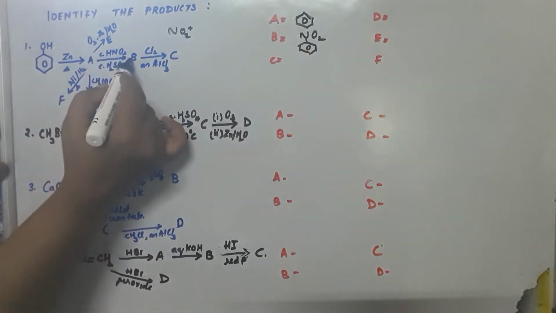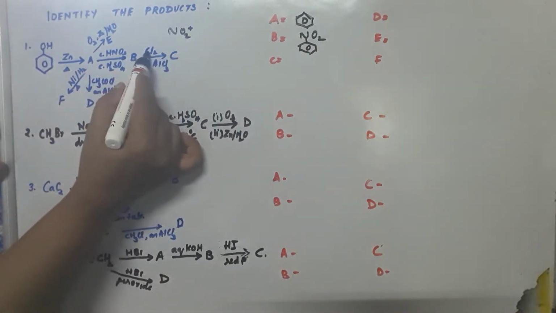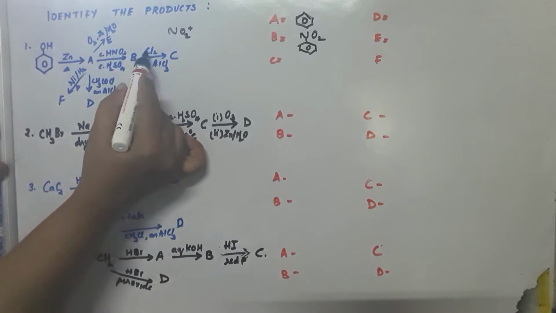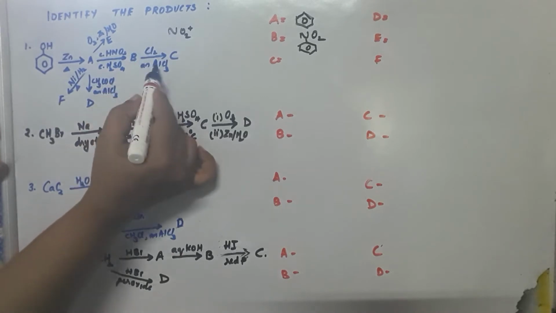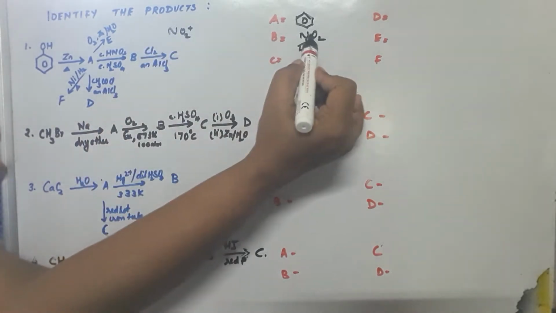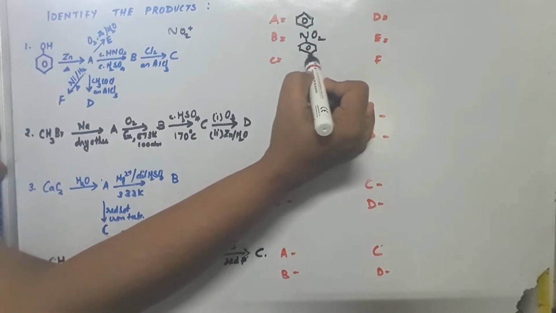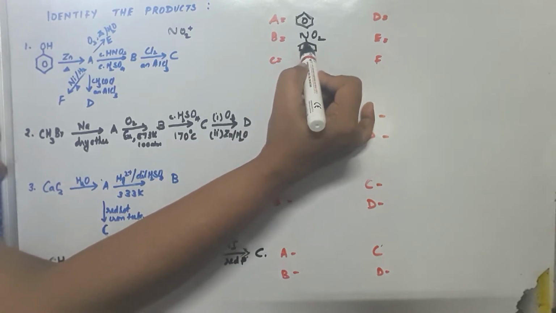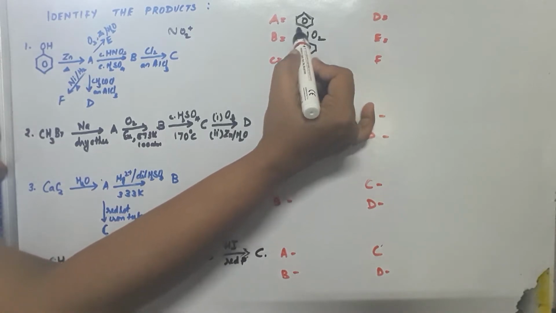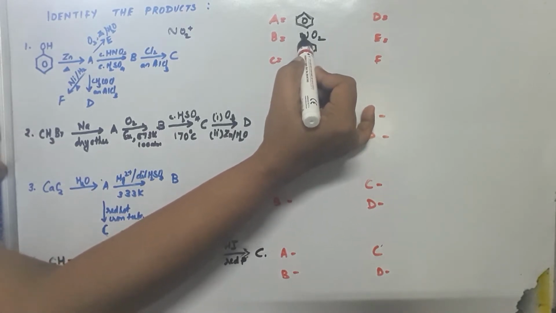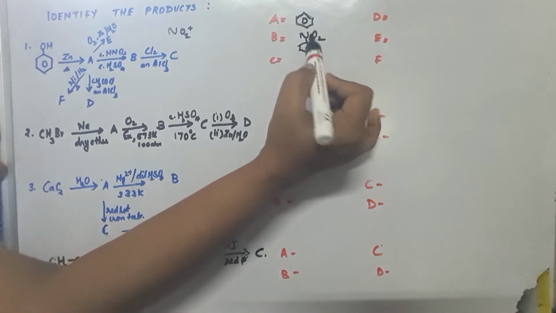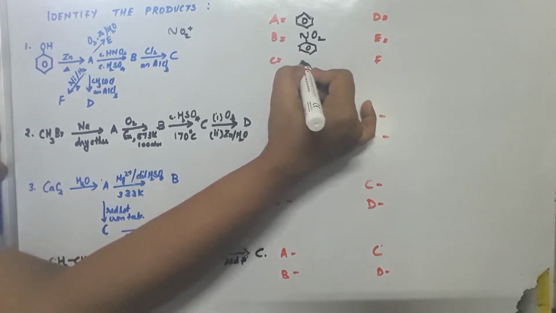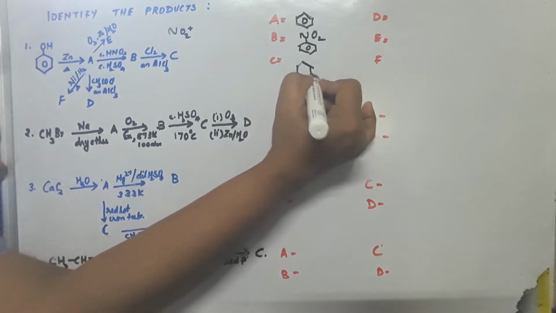Now this nitrobenzene is subjected to chlorine and anhydrous ferric chloride. So this is chlorination, and we have to remember here that it is not benzene, it is nitrobenzene. When it is subjected to chlorination, the already present group will have some directing influence. Since it is NO2, it will be meta directing, and you have to give the incoming group on the meta position.